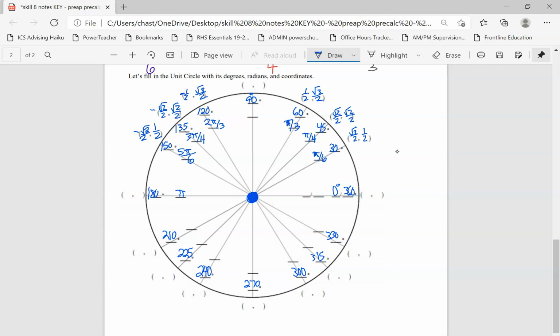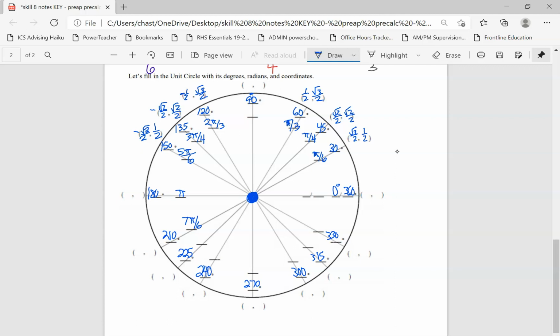For 210, we've gone another 1/6 of the way. So remember, pi is 6 pi over 6, so this becomes 7 pi over 6. If we want to look at all the multiples of 6 first, 240 would be 8 pi over 6.